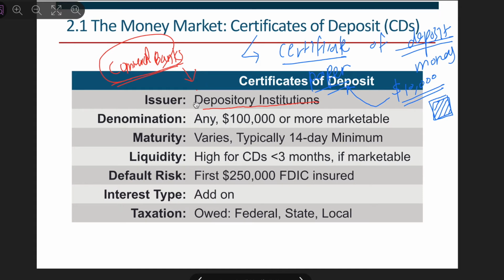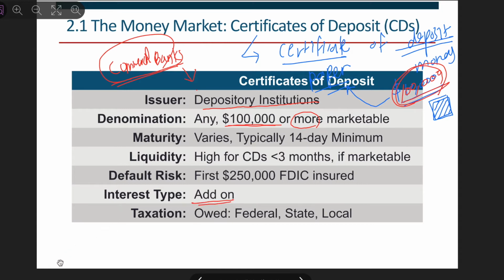So let's look at it. The denomination is $100,000 or more. If you want to have a CD, you have to have at least $100,000. So if you put $100,000 or more in the bank, that will give you interest.